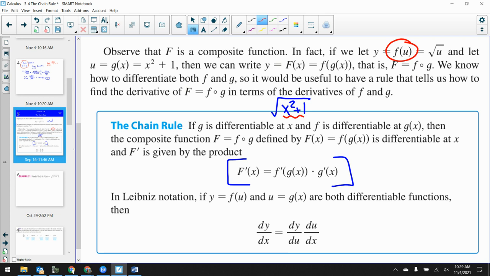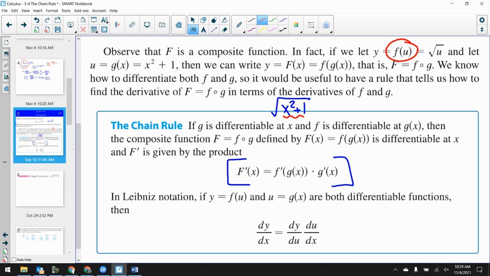So what do we do here? We find f prime g of x. We find the derivative of the outer function with the inner function still in its place, times the derivative of the inner function. Here's what I mean.